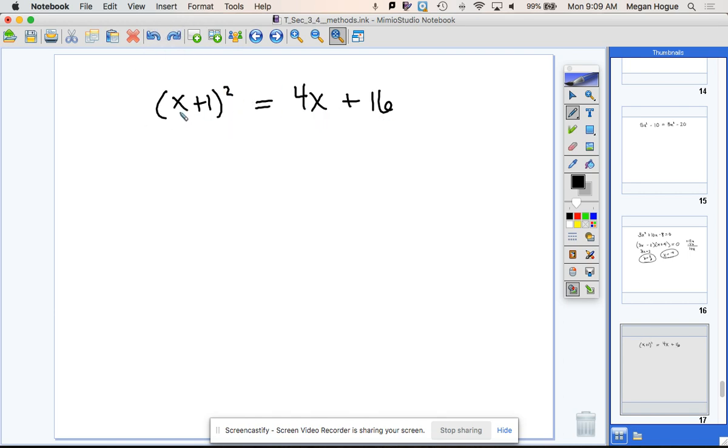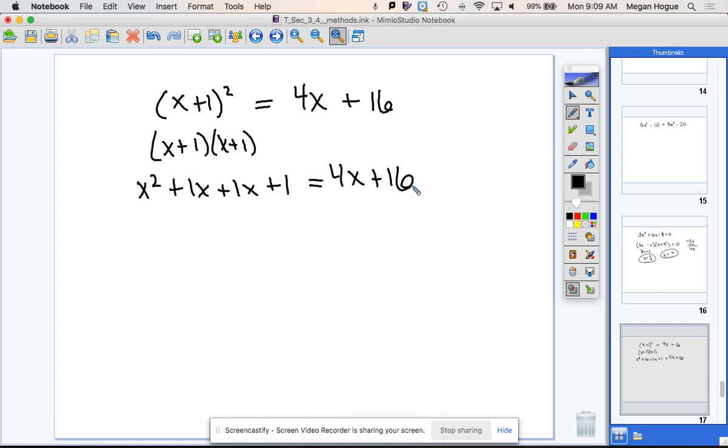So the only way to break this up is to FOIL it. So I'm just going to write it down here so I can FOIL. I'm not going to worry about copying that line down. So I'm going to do x times x, x squared. Outer, 1x. Inner, 1x. Last, plus 1, equals this side, 4x plus 16.